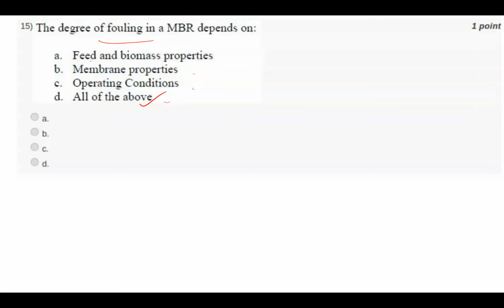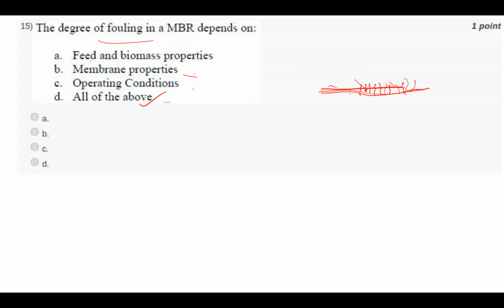And for the membrane property, as I have told, if the membrane surface has some brush type structure, or some hanging or anchoring points, then microorganisms can attach and grow.